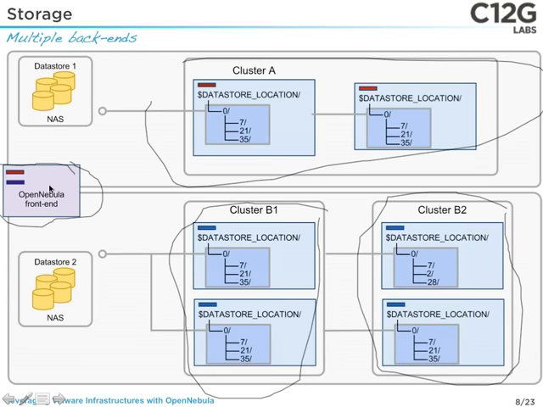We see here that these clusters have different physical servers that are getting their images from different places. Cluster A is taking the images from data store 1, and cluster B1 and cluster B2 are taking their images from data store 2, while OpenNebula controls all the physical servers and the data stores from a single location.